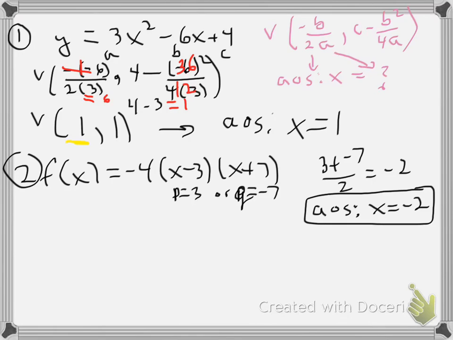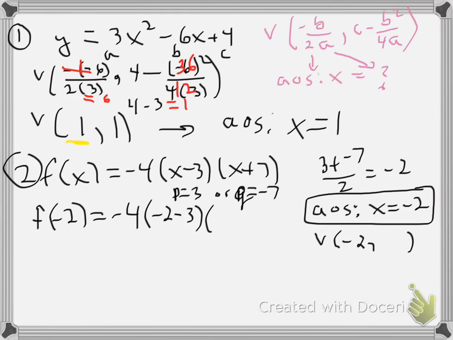So let's put that in to get the vertex. We know the vertex x is negative 2. We just need the y value, so f of negative 2 is going to be the y value. Negative 4, times negative 2 minus 3, times negative 2 plus 7.